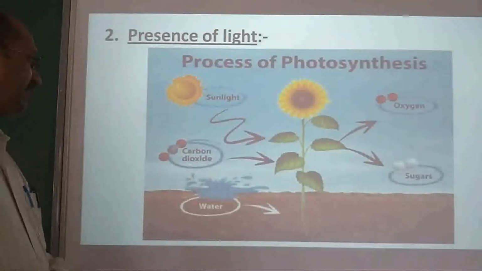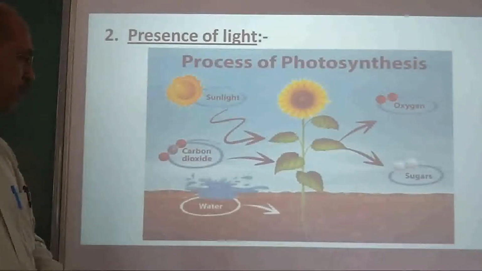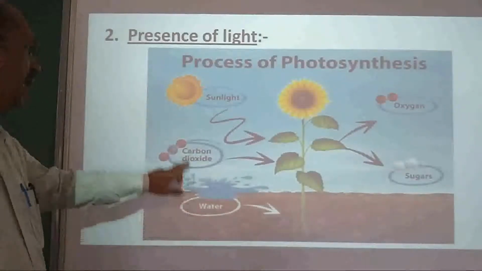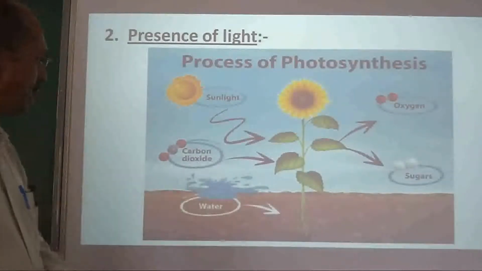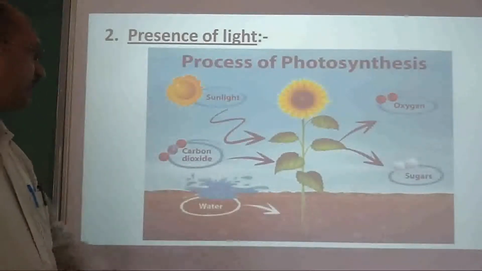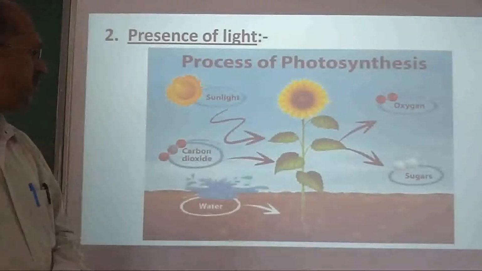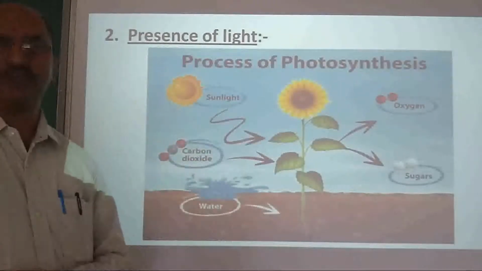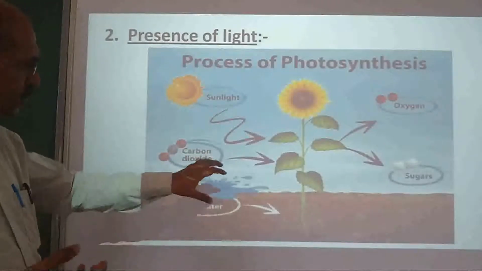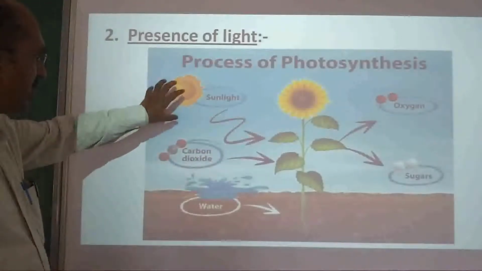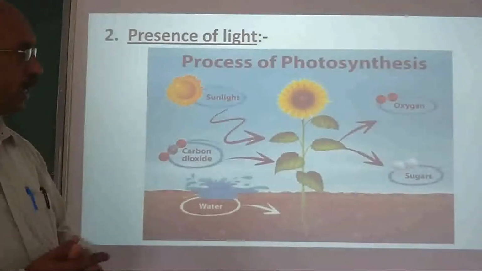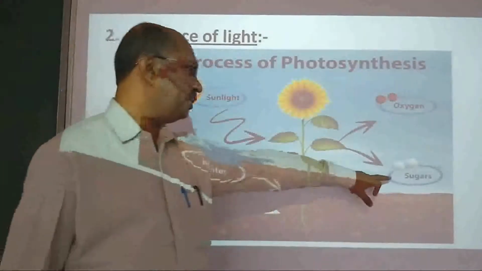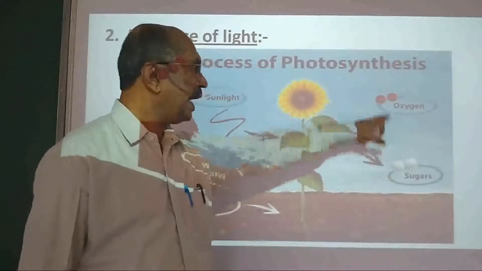So what are the raw materials needed for the plants to manufacture food? Water and carbon dioxide. Water is taken by the roots of the plant and carbon dioxide is absorbed by the leaves of the plants. And the sunlight is absorbed by the leaves of the plants. So the leaves absorb the sunlight, make use of these two and combine both and produce sugar, which is the food, and oxygen.